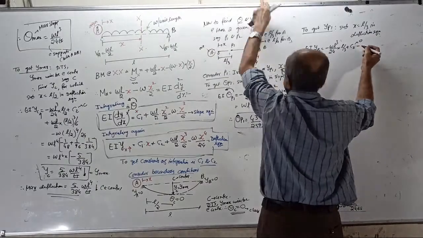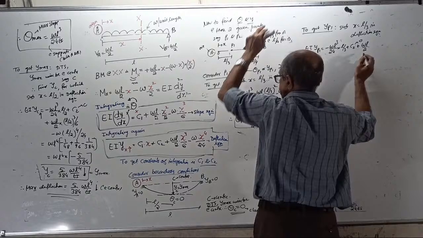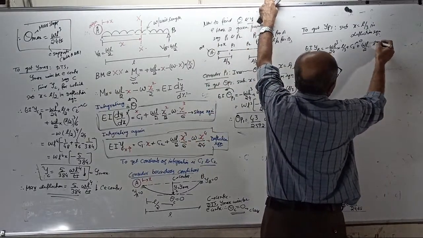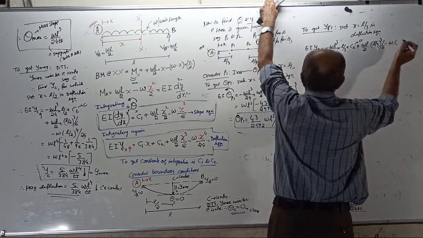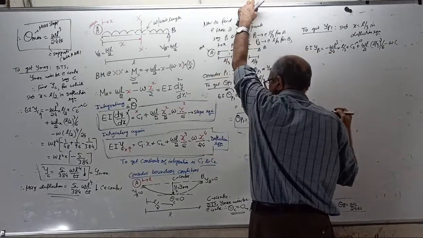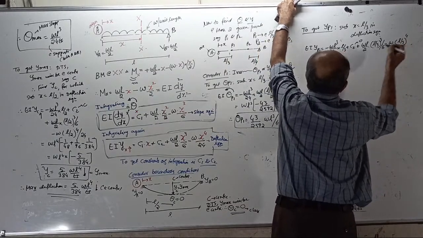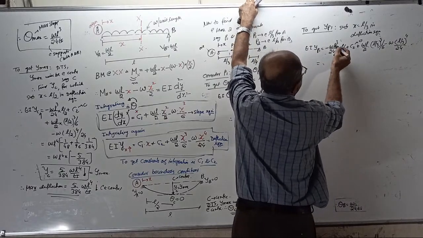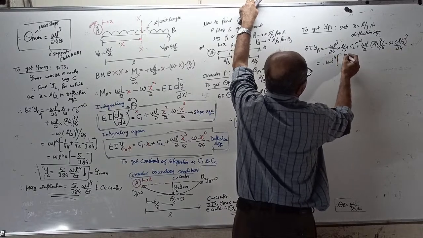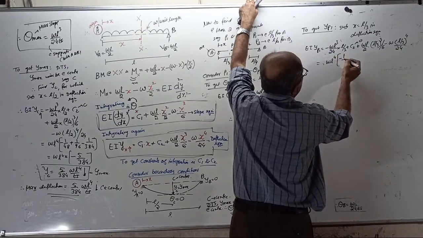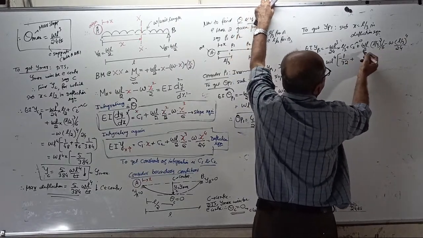Then plus WL by 2 into x cube by 6, L by 3 cube divided by 6, minus W into x power 4 by 24, L by 3 power 4 by 24. This equals L cube into L power 4, taking WL power 4 outside.